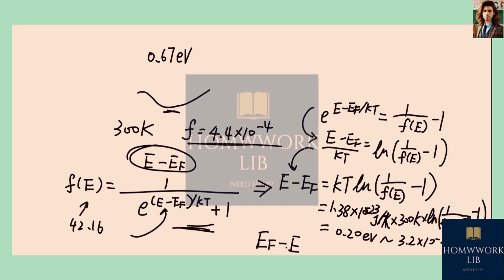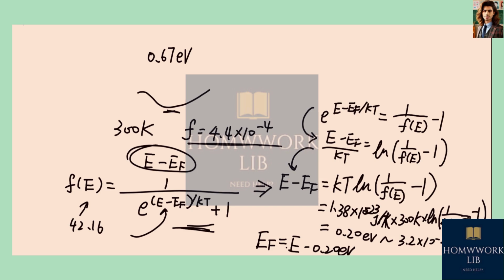So the Fermi energy EF equals E minus 0.20 electronvolts. What we know is that the Fermi energy is 0.2 electronvolts below the bottom of the conduction band.